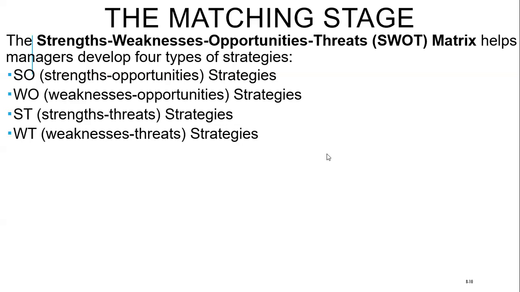So as a strategic planning tool, the SWOT matrix generally helps managers to develop specific strategies that are based on an organization's internal strengths and weaknesses, as well as external opportunities and threats.